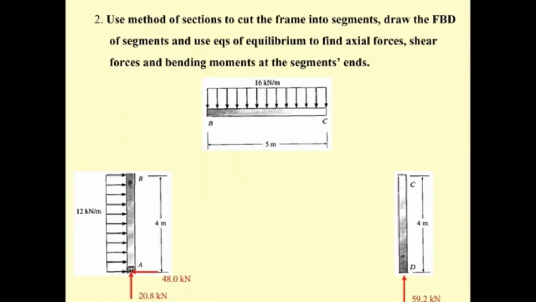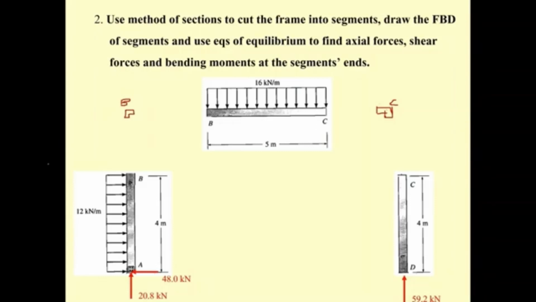Now, the problem is, what is going to be the shear force and the bending moment acting on the end of this member? When you cut this, don't forget about the joint here B and joint here C, because it's part of the structural member.